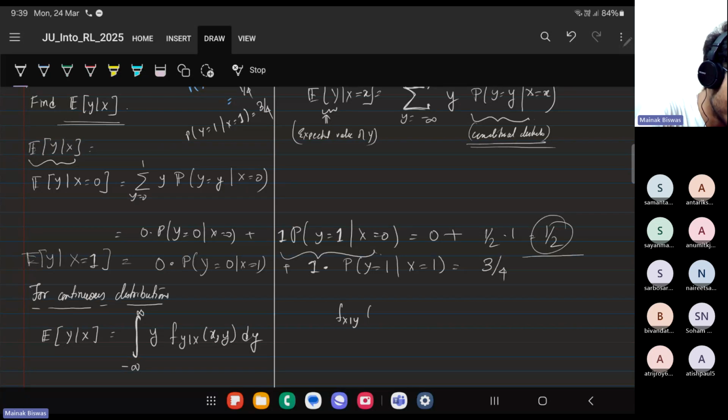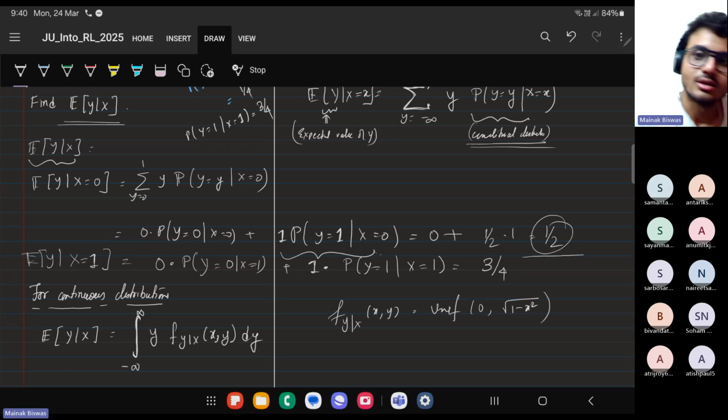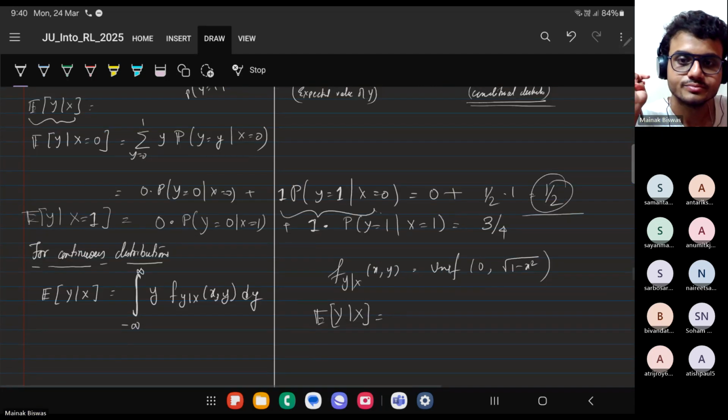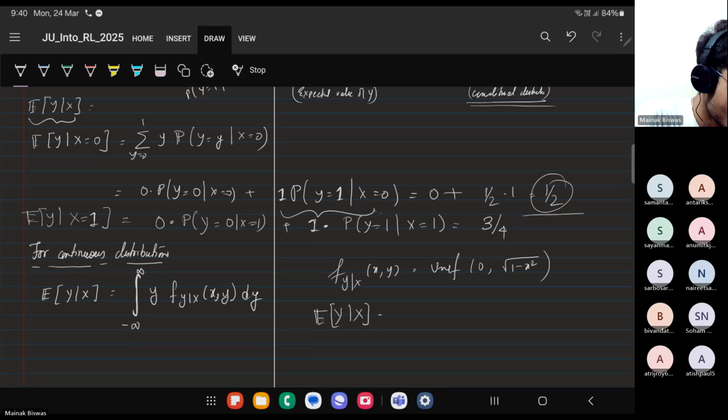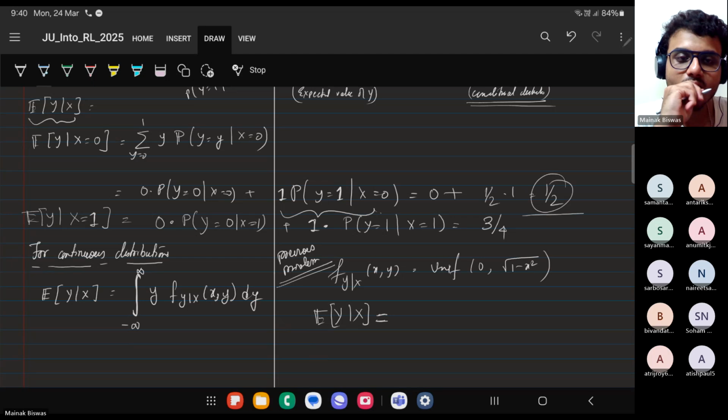So Y given X was uniform on (0, 1 minus x square), right? So now I asked you, what is the expected value of Y given X? So what will it be? How can I write this? Not difficult.